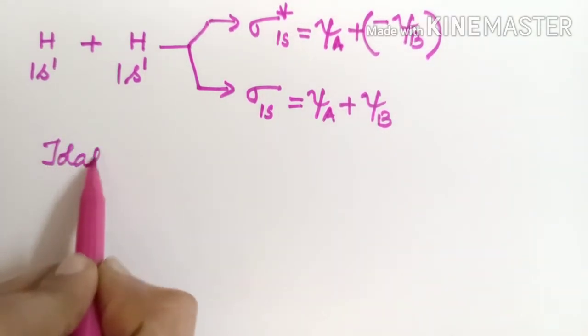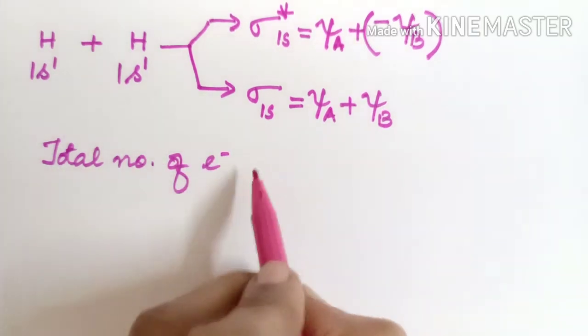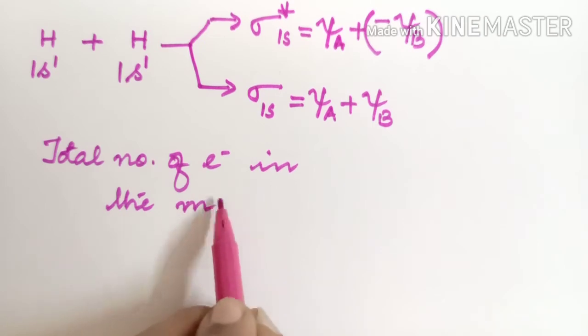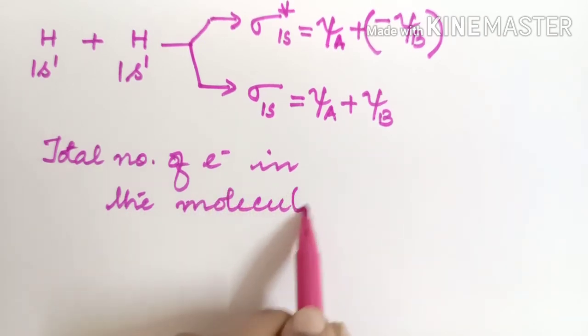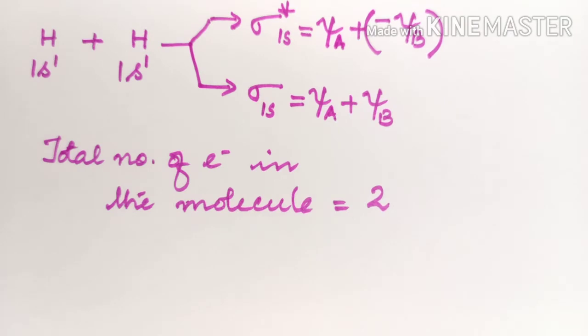Total number of electrons in the molecule is 2. We have learned that the capacity of each and every molecular orbital is 2.